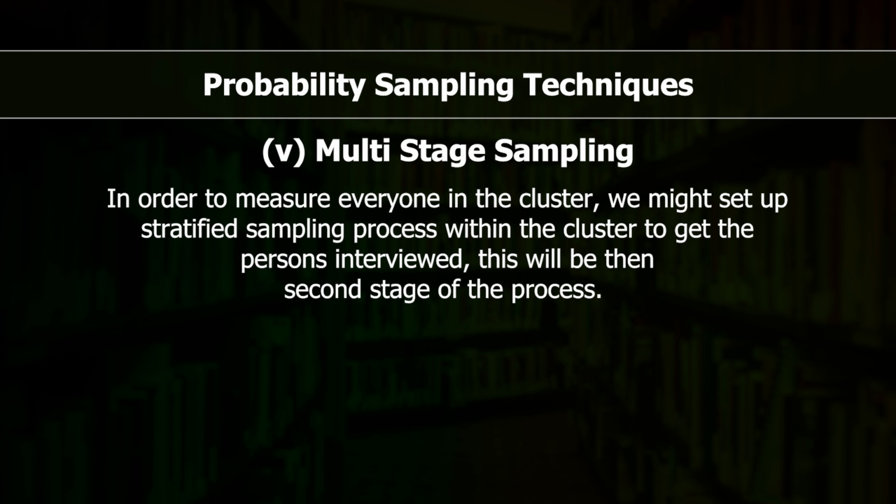This will be then the second stage of the process, and ultimately interviewing a few random samples by random sampling technique, we will get the desired result. So, in this case we have 3 to 4 stages in the sampling process, and we use both stratified and simple sampling.